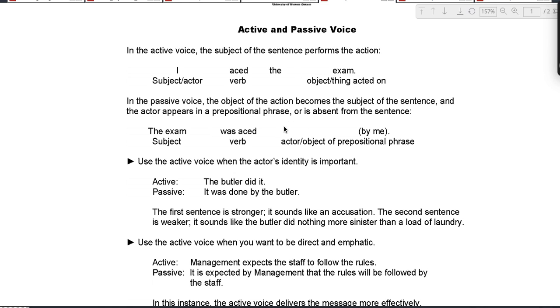Okay. Now, in the passive voice, the object of the action becomes the subject of the sentence. So when we change active voice to passive voice, the object will become the subject. So here the exam will come in place of the subject. So the exam was aced. Now it has become past tense.